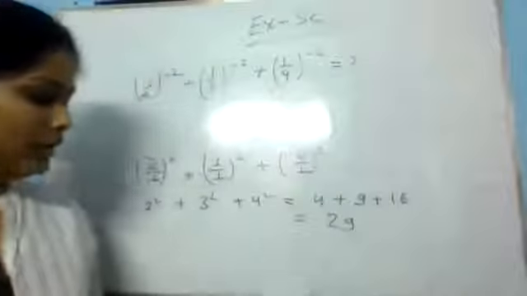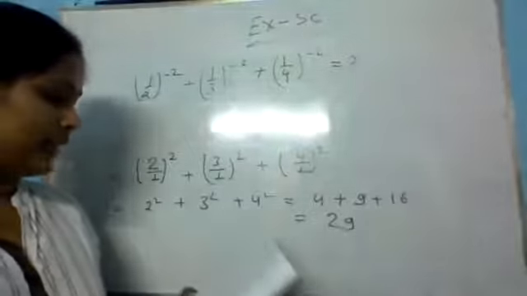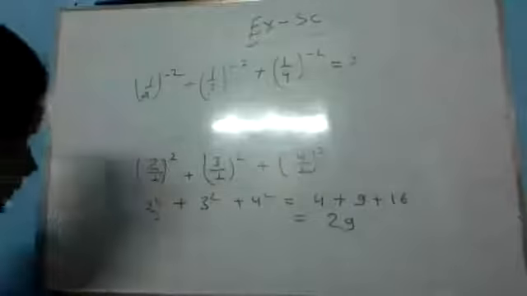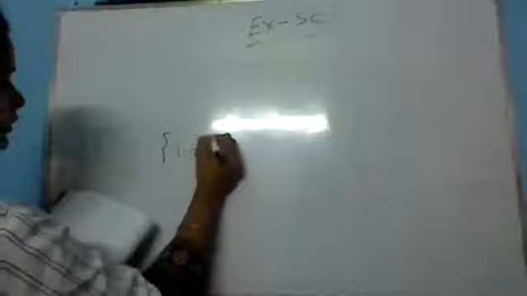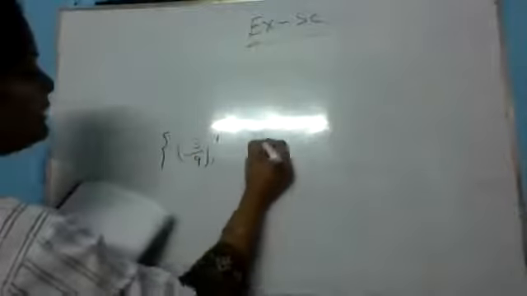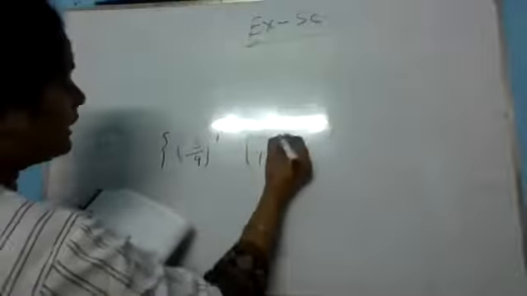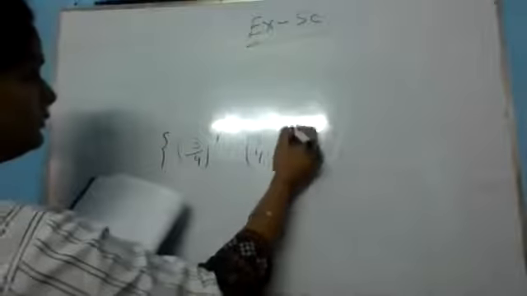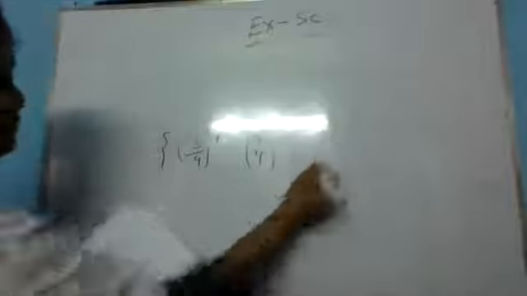Okay. So now let's do question number 7. See, in question number 7, 3 by 4 to the power minus 1 minus 1 by 4 to the power minus 1, all to the power minus 1.